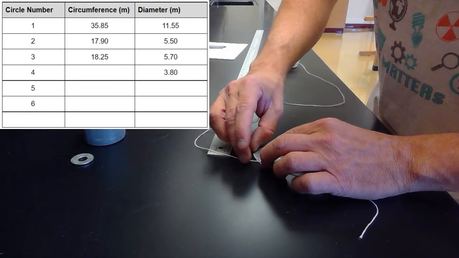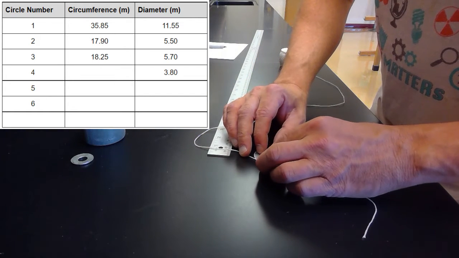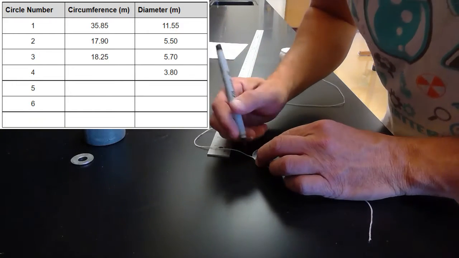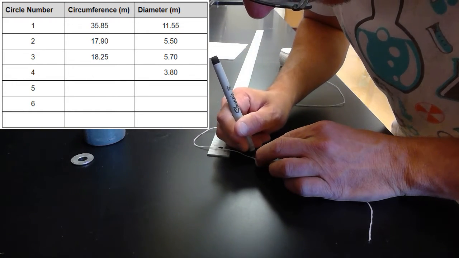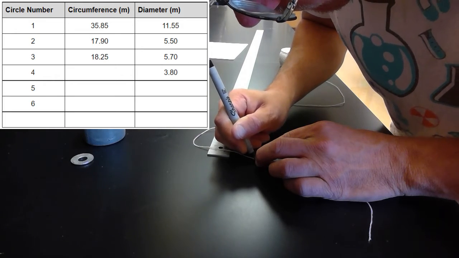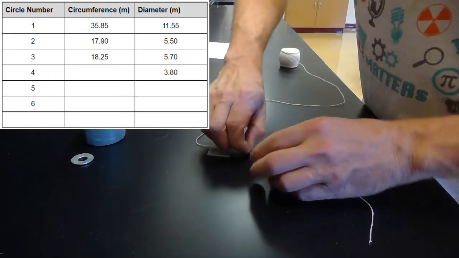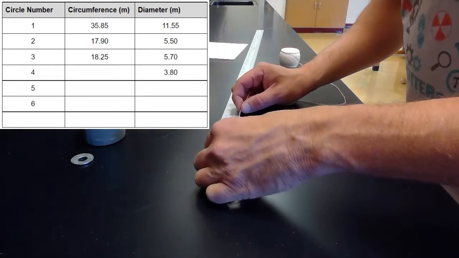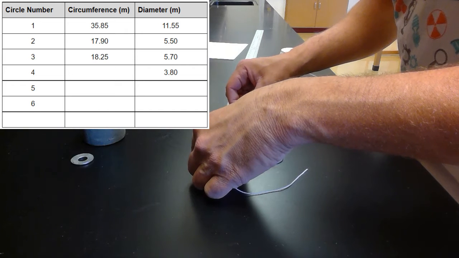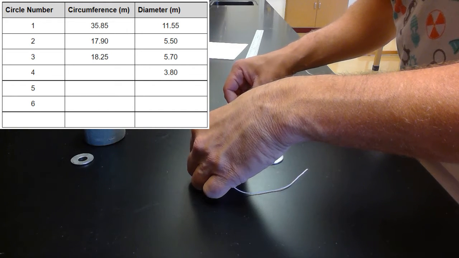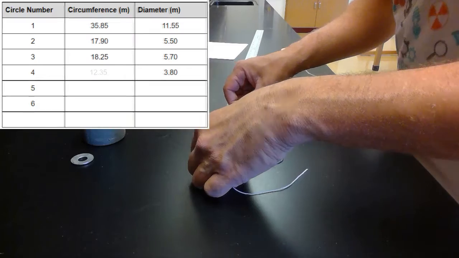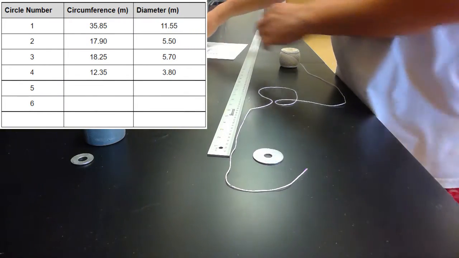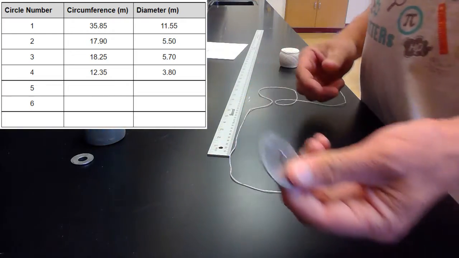Choose circles a little more judiciously, then it might be easier to wrap the string around them. This is pretty good here. Alright, and the circumference there, we got 12.35. Okay, that's the medium washer.